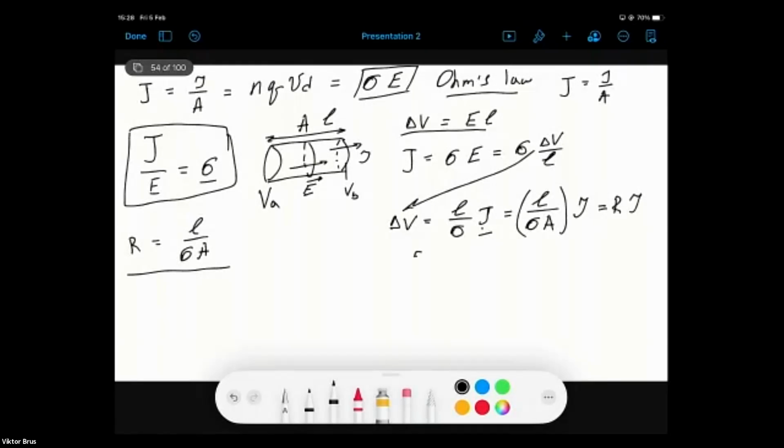So electric current is equal to potential difference divided by resistance.